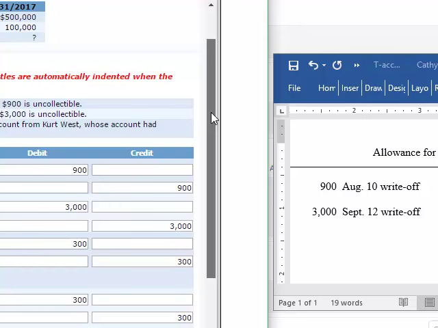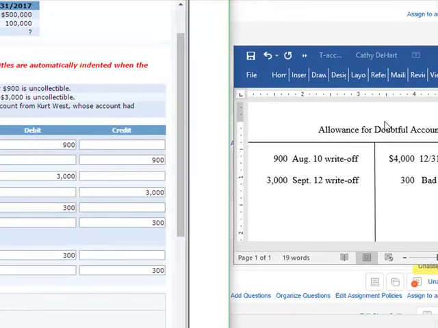So the harder part comes in part B. That's where you're asked to prepare the adjusting entry as of the end of 2017. And it's helpful when you're asked to prepare an adjusting entry to adjust the allowance account to prepare a T account analysis of what's been going on in that account.